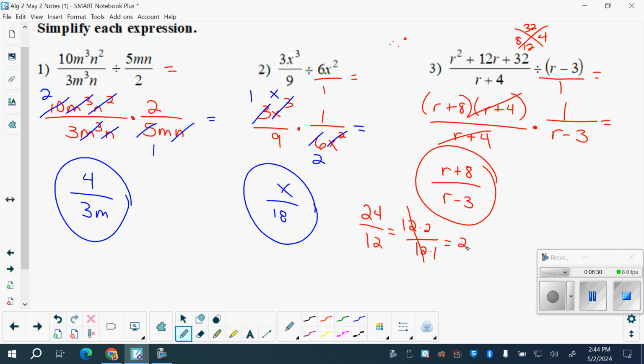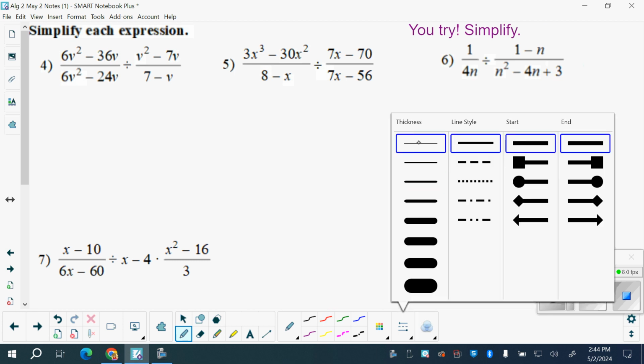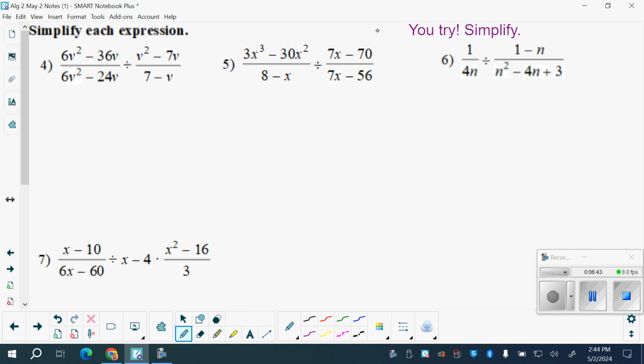Okay, on to the next one. Anybody still looking at this? Okay, pay attention to this. This one's going to be a little bit different, and it's just a little tricky. Okay, so in the numerator, how do we factor that numerator? On the first fraction. Good. 6v times. Good.